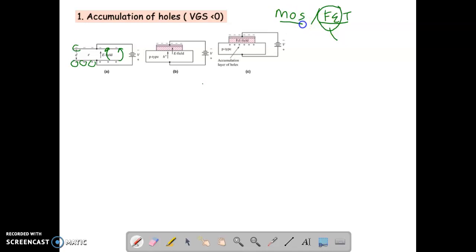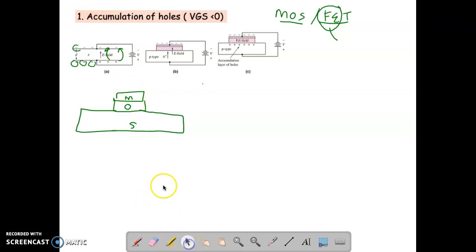So go back to the MOS capacitor. On top is the metal, second is oxide, which is the insulator, and the last one is semiconductor. Here the semiconductor is a P type, so the majority carrier in the substrate is hole.